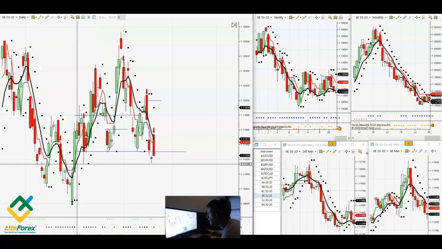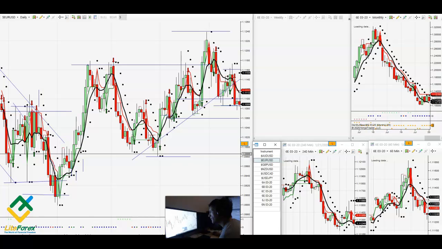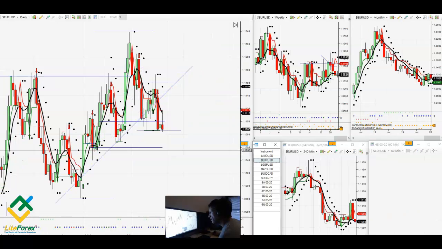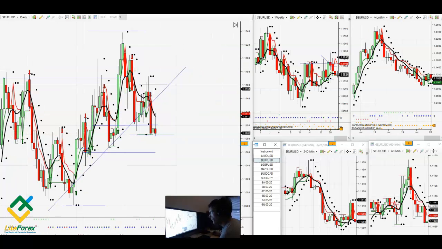So that is interesting. It's holding that low, but we're still hovering around the support price. Let me go back to the Euro USD for a second. I'm definitely leaning more bearish, but we've got to watch that support. Just like the Australian USD, we've got to watch that support.